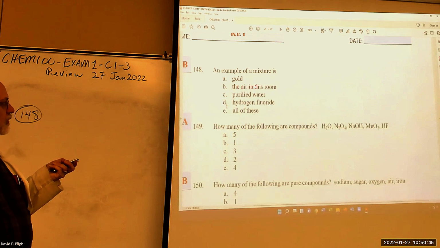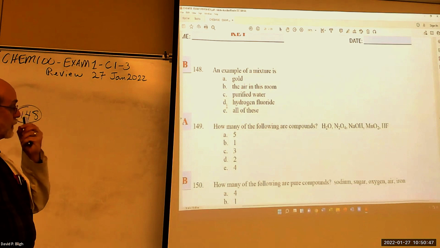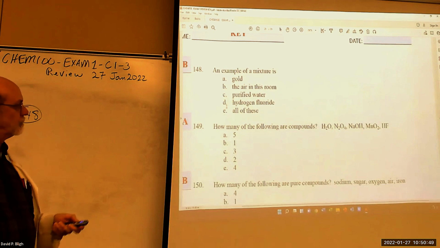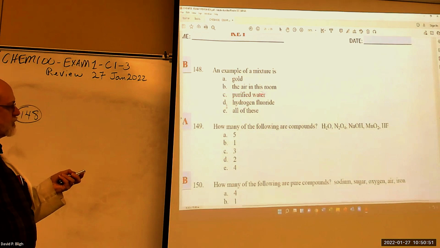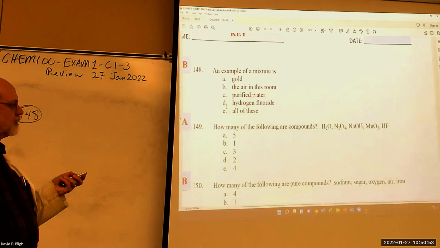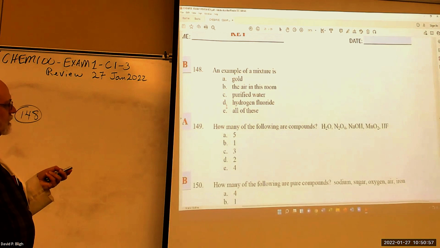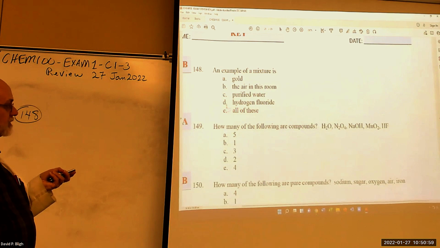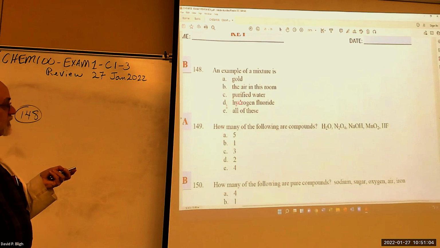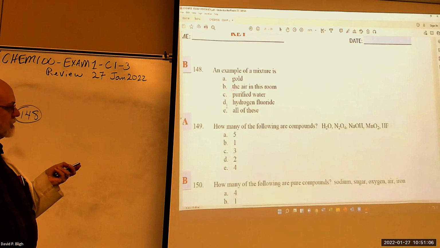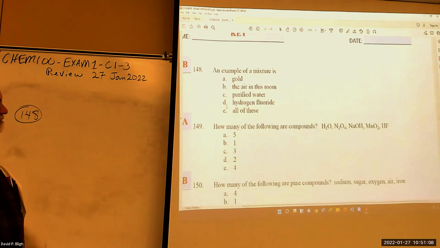Air in this room. Yeah, that's a mixture. In fact, it's a solution. Purified water, that's a pure substance. Hydrogen fluoride is a compound. So all of these can't be, because we did find only one mixture, and the rest of them are not mixtures. So the air in the room is a mixture.